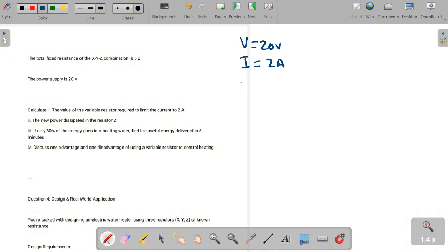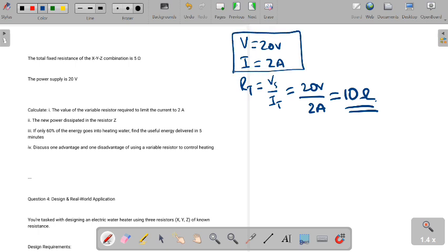Now, the total resistance should be voltage supply over current total. That will be 20 volts over 2 amperes, giving us 10 ohms. So the total resistance of the circuit, when this is the case, is 10 ohms. But now fixed resistors are already contributing 5 ohms.